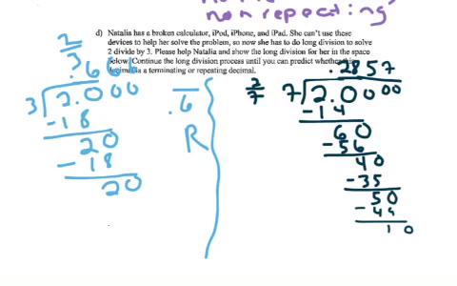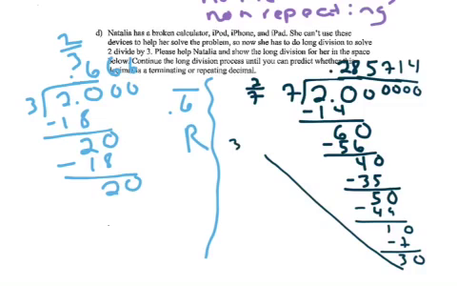Bring down my 0. 7 can go into 10 once. If I subtract, I'll get 3. I'm running out of room. If I bring down my 0, 7 can go into 30 4 times. 7 times 4 is 28. If I subtract, I'll get 2, bring down my 0.